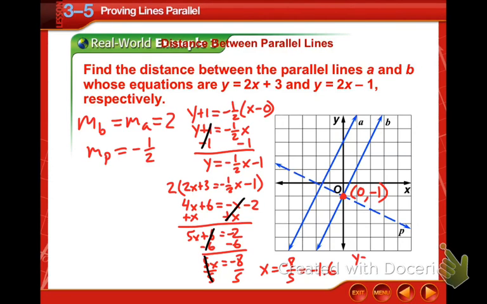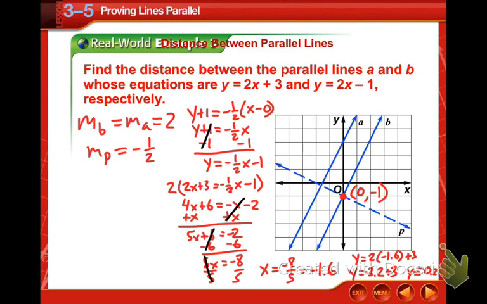So y is equal to 2 times negative 1.6 plus 3. 2 times negative 1.6, sorry, would be negative 3.2 plus 3, which means that y is equal to just negative 0.2. So we have our point on the other line where A would intersect P.